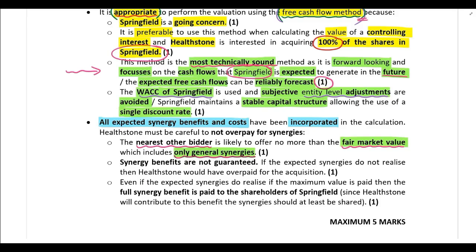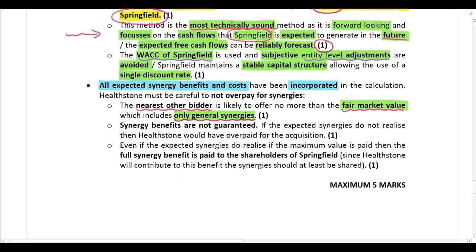They are only aware of general synergies. So the maximum that those other bidders would be prepared to pay is the fair market value. They would not pay the maximum value because they don't know about those specific or unique synergy benefits.